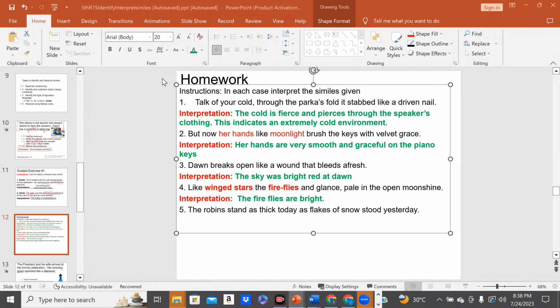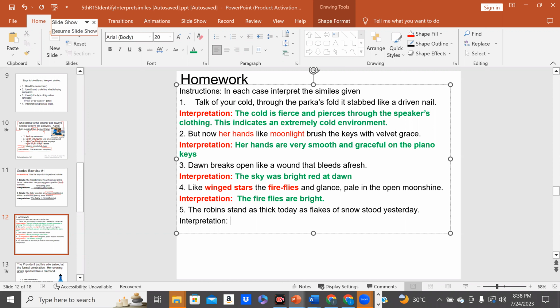So what is the interpretation? The robin feather was as thick. No. Anyone else? What's the interpretation? They are out in abundance. They are out in abundance? Why do you say that?